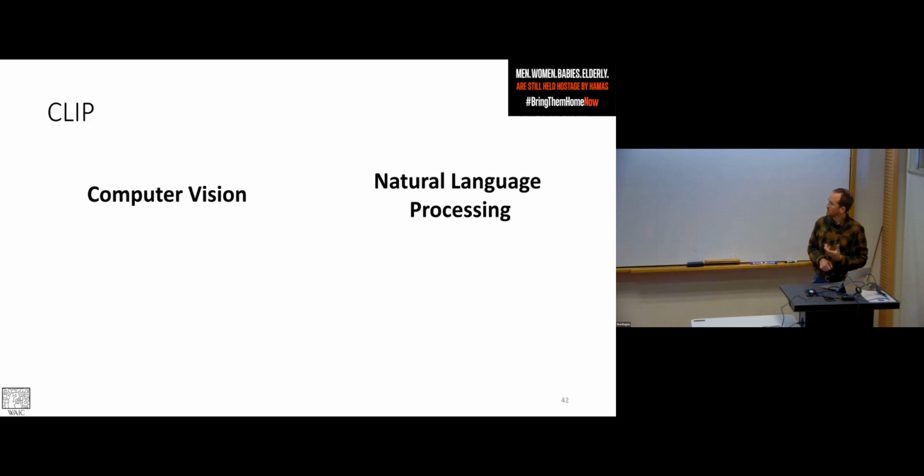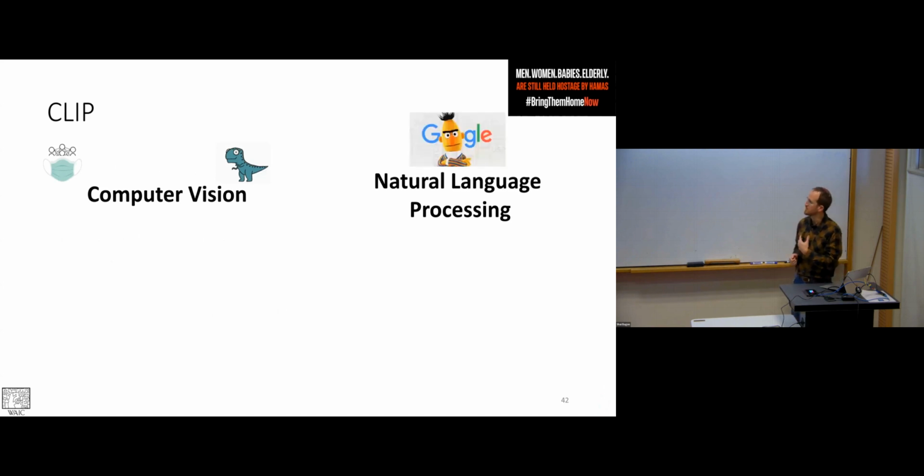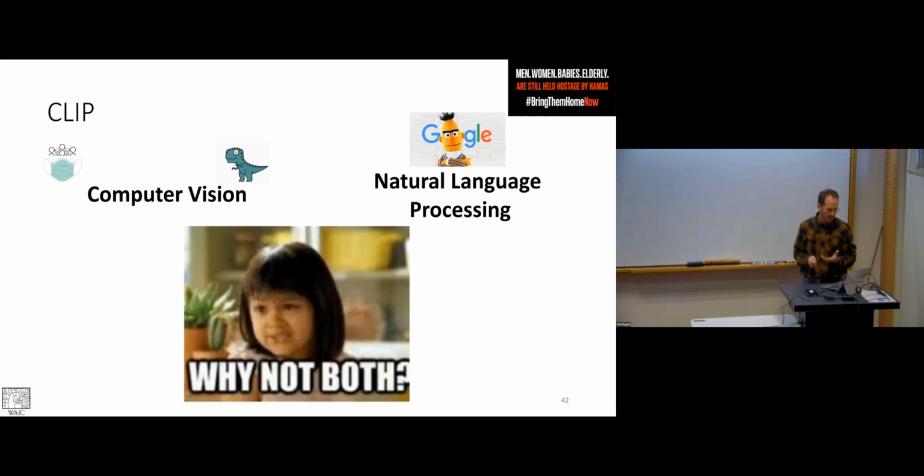So we talked about computer vision. We talked about natural language processing. They are both advancing very fast. We saw self-supervised methods in computer vision. We saw BERT, which is self-supervised in natural language processing. And why not combine these two modalities?